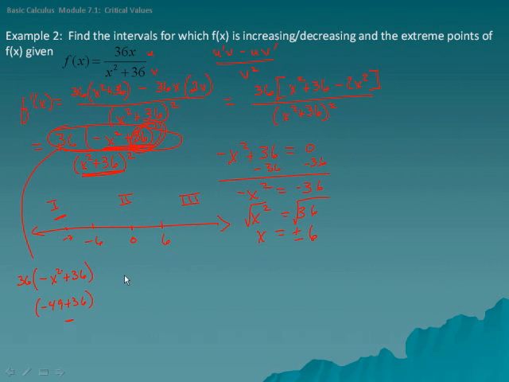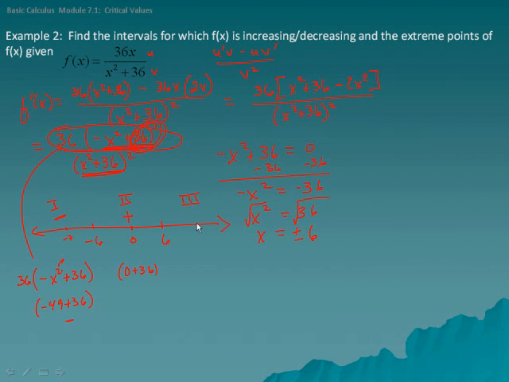If I put that in this function, that would give me negative 0 squared, which would be 0, plus 36 on the inside. And that would give me a positive value. So notice my slope changed at negative 6. It went from negative to positive. So that's going to give us some kind of critical value.